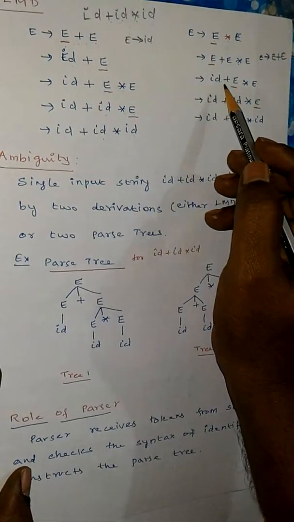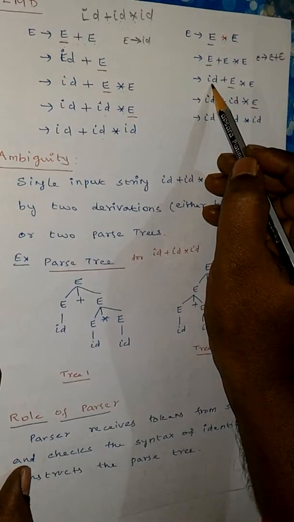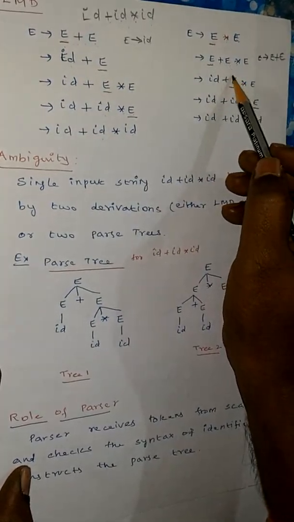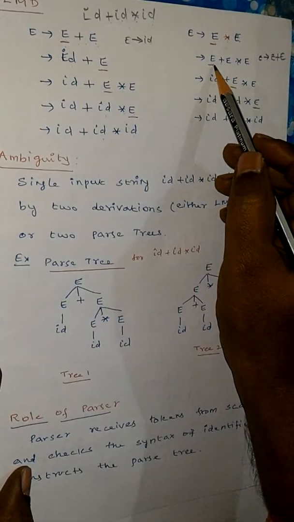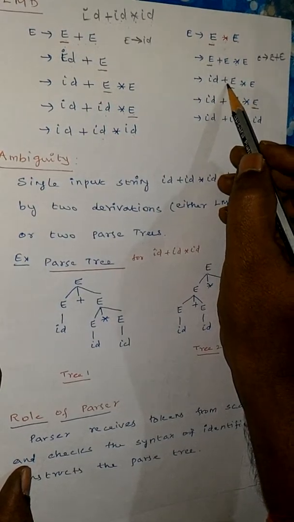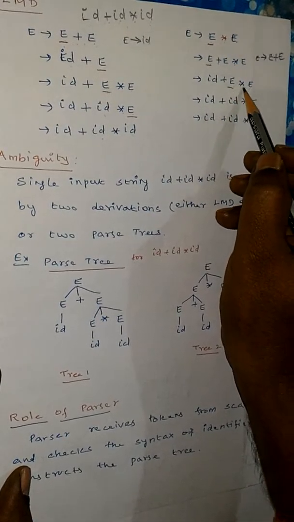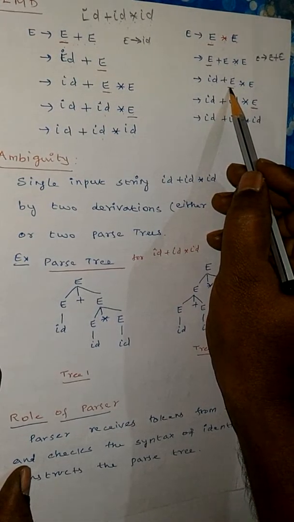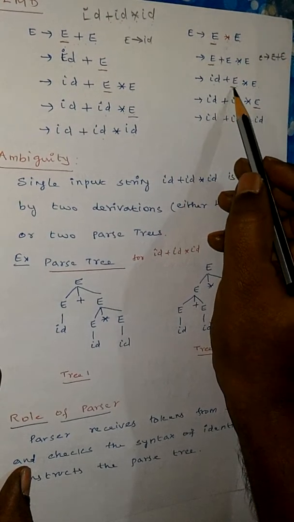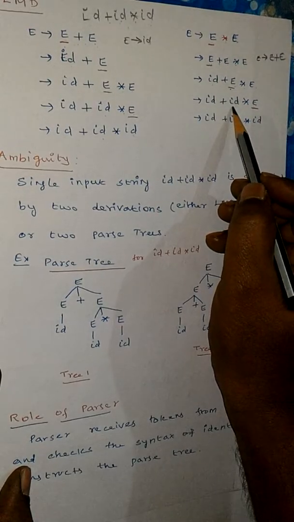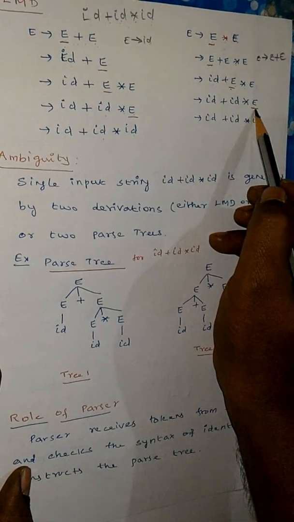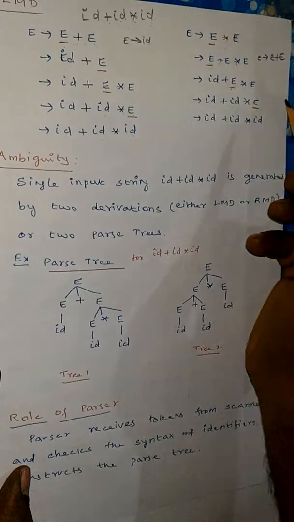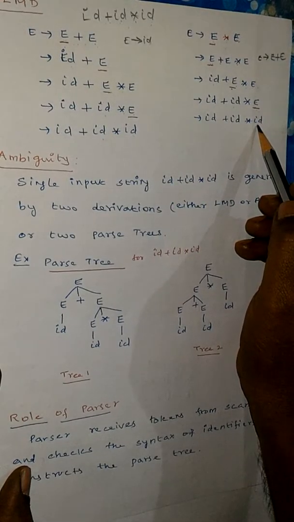string. Then this E is replaceable by ID, because of leftmost derivation, then we are having plus E star E. Then the leftmost variable is this E. Again this is replaceable by ID. Now we are having only one variable, and this is also replaceable by ID.